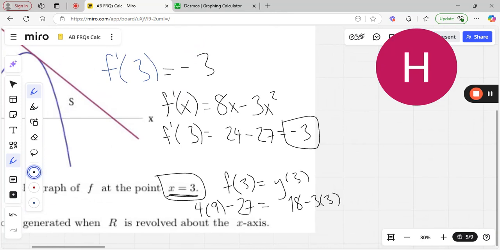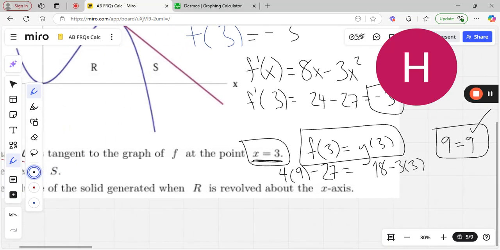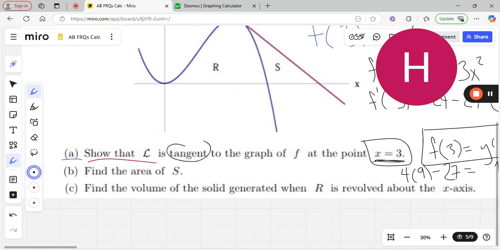Yeah, and that leads us to say that 9 equals 9. Well, guess what? It do. 9 do equal 9. So we know that the points are also the same location. All right, so we've proven now that it's tangent. So tangent always means that it touches, means the point is equal, and the slope.